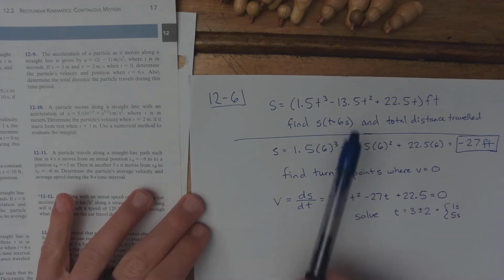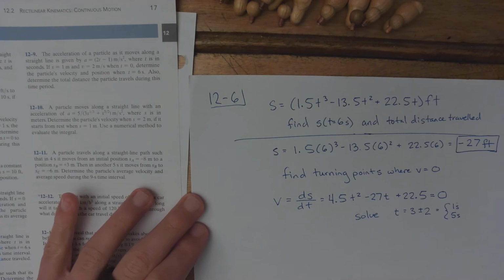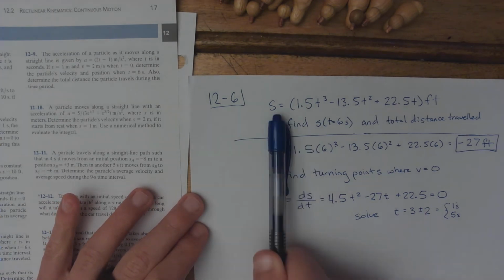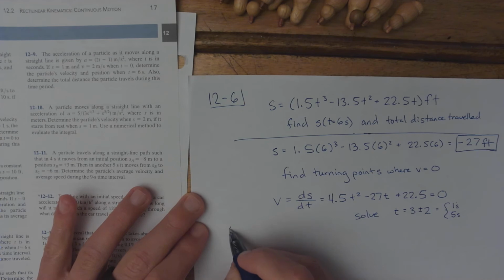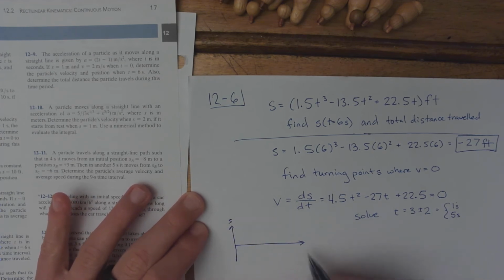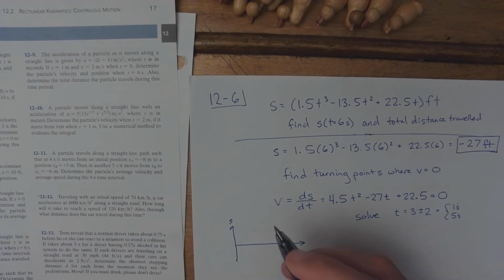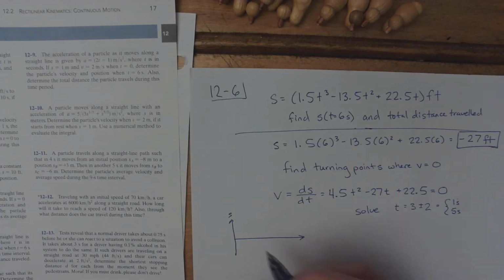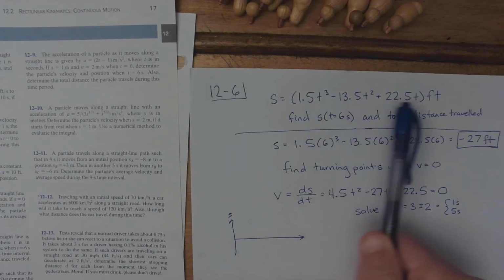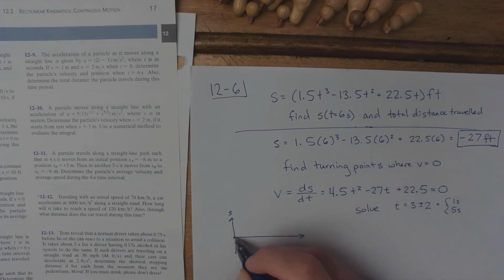So if you graph the position versus time, you're going to start off at 0, because when you plug 0 in for time here, the position is 0.